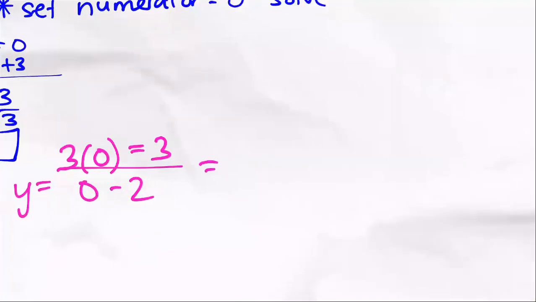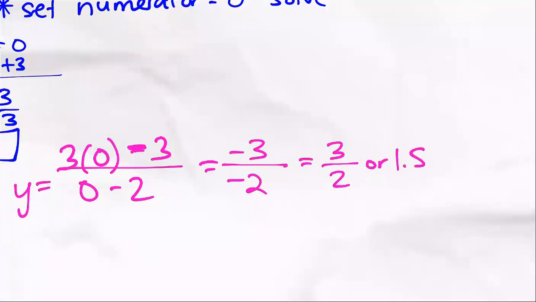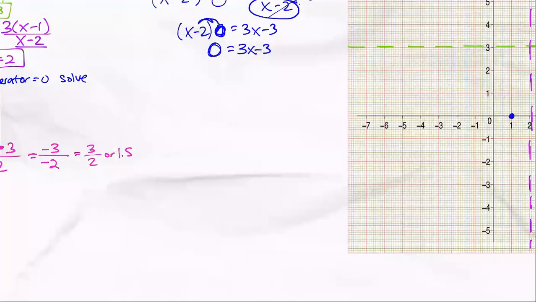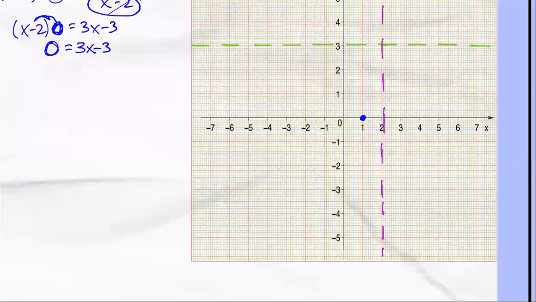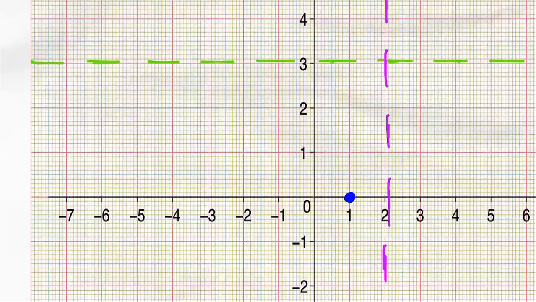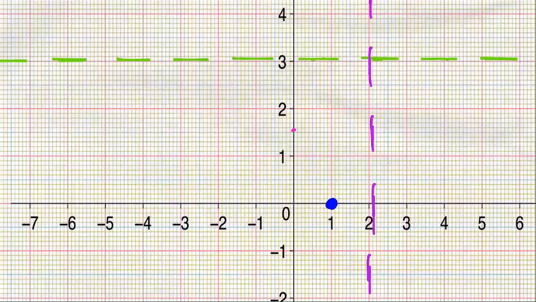So 3 times 0 is 0. 0 minus 3 is negative 3. And 0 minus 2 is a negative 2. Negative 3 over negative 2, that's a positive 3 over 2, or 1.5. So I'm going to have a y-intercept at 1.5.